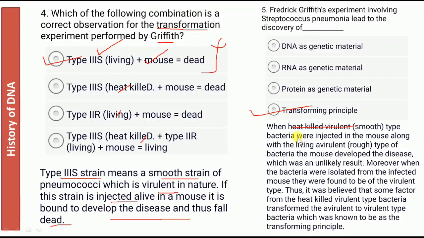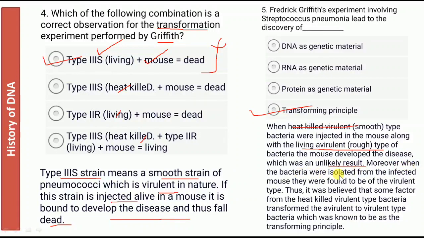When heat killed virulent smooth type bacteria were injected in the mouse along with living avirulent rough type bacteria, the mouse developed the disease, which was an unlikely result. So this was heat killed and it was injected along with the living avirulent rough type, and the mouse developed the disease.